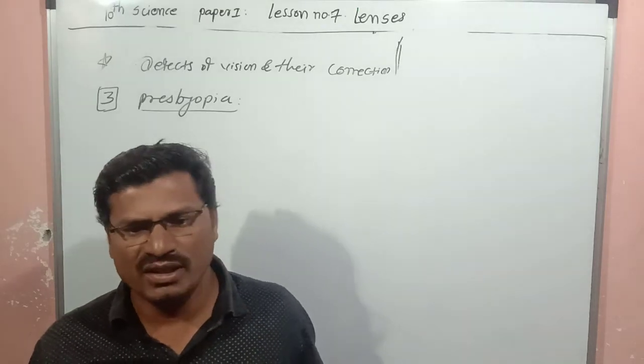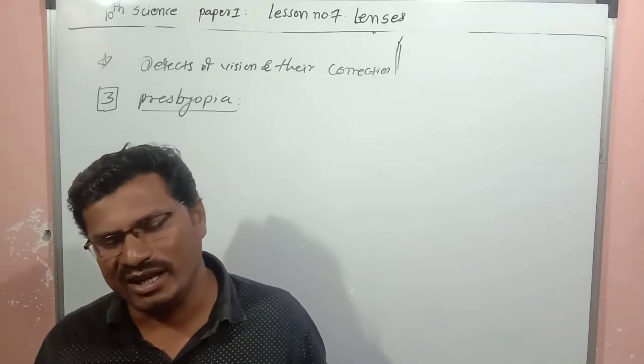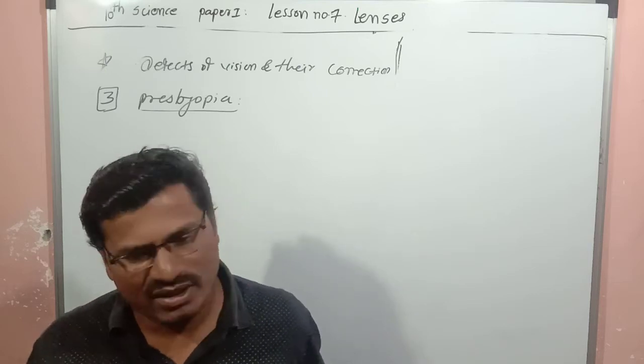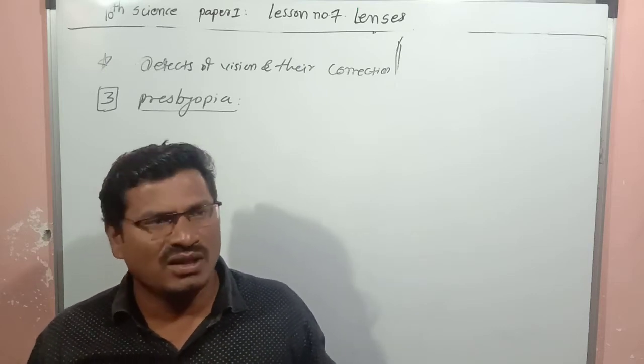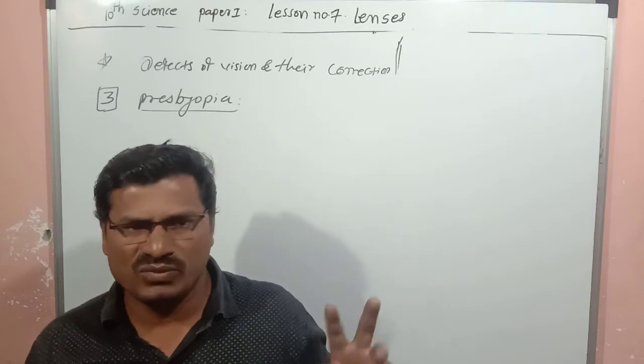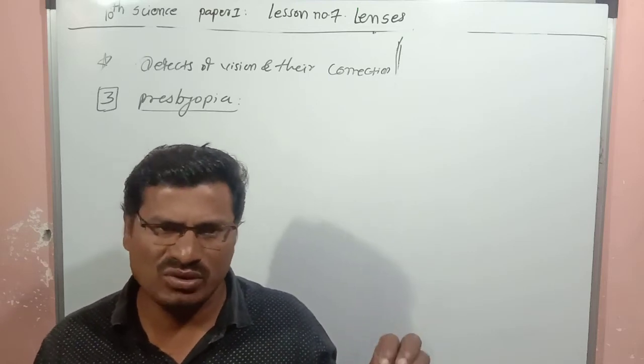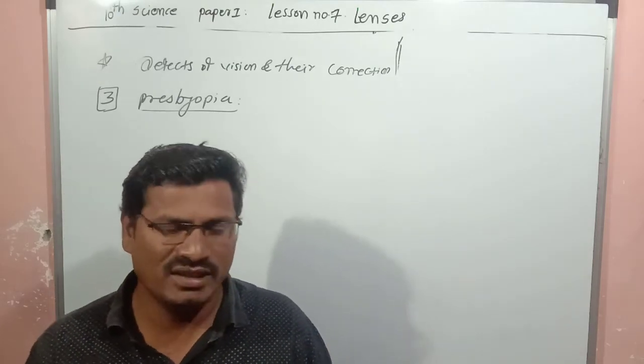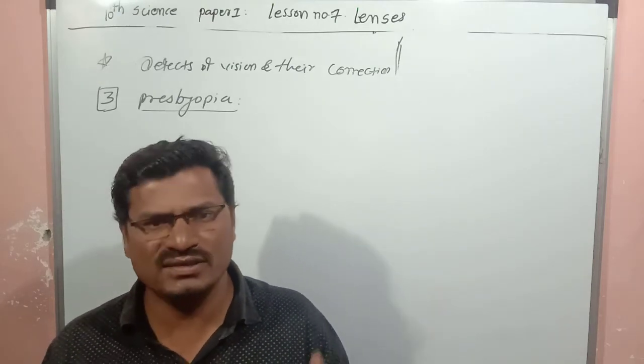Third, the near point shifts away from the eyes. Fourth, sometimes due to old age, both nearsightedness and farsightedness are arising.